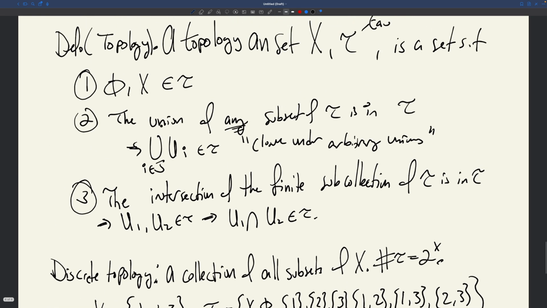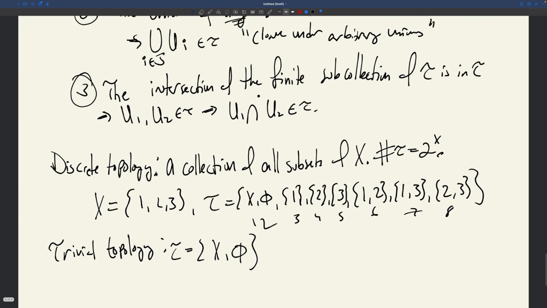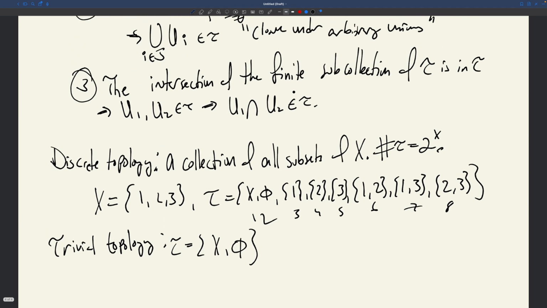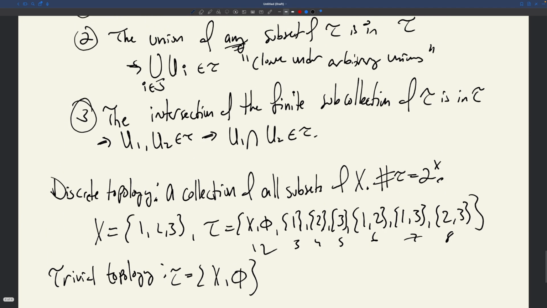When we take a look at specifically our rules, the union of any arbitrary subset is going to be within tau. So the union of {1} and {2} is going to be right here. Perfect. The union of {2} and {3} is going to be right here, which is also great.